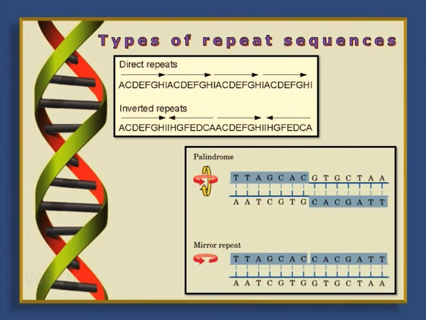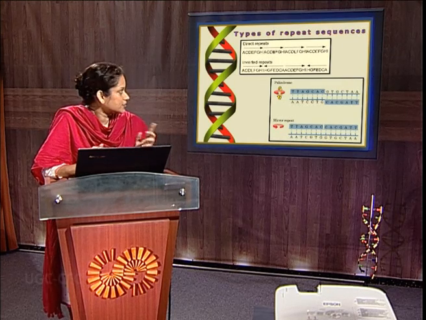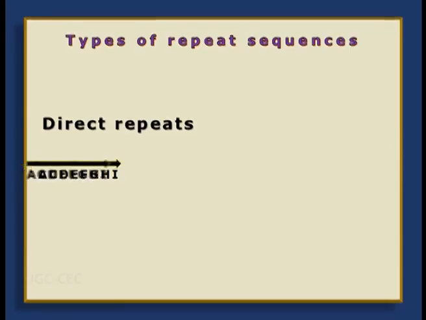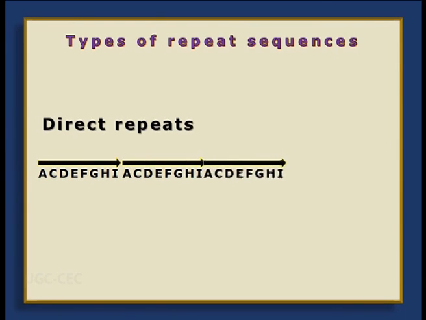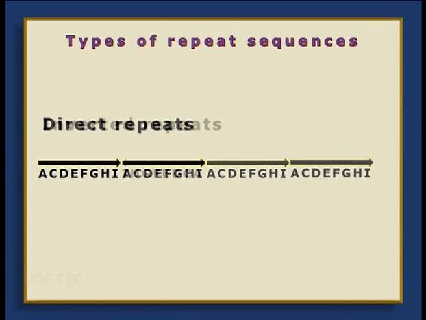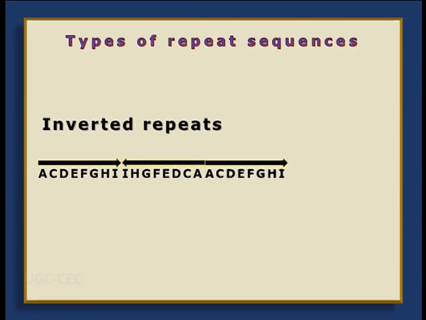Further on, if we look at this figure, what do we see? This figure reflects the different kinds of base sequences or DNA sequence motifs. So let's start with direct repeats. As we can see, this is a direct repetition of a set of nucleobases. Whereas in inverted repeats, the set of bases is inverted with respect to each other.